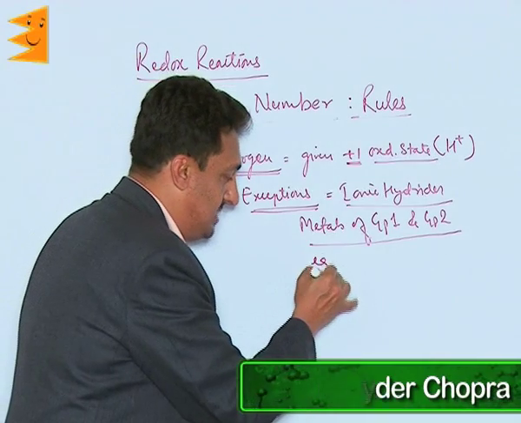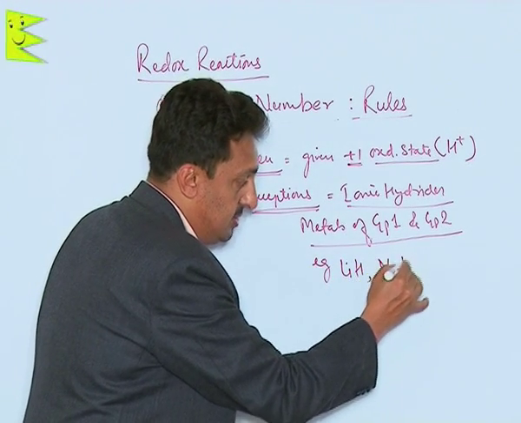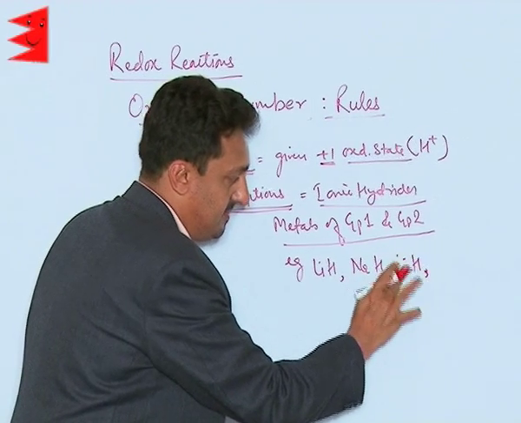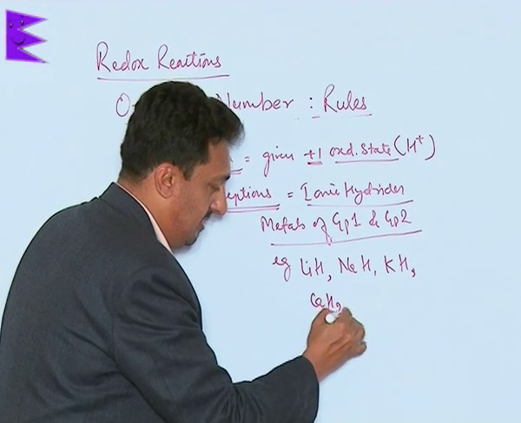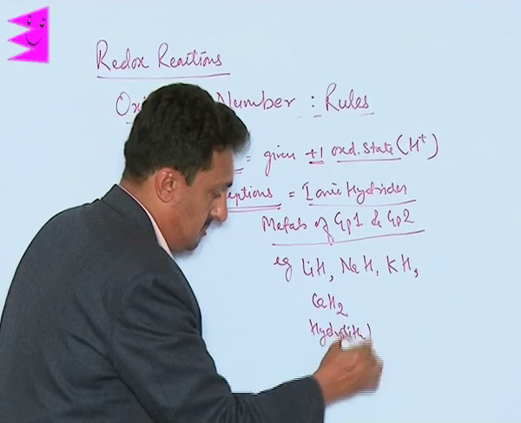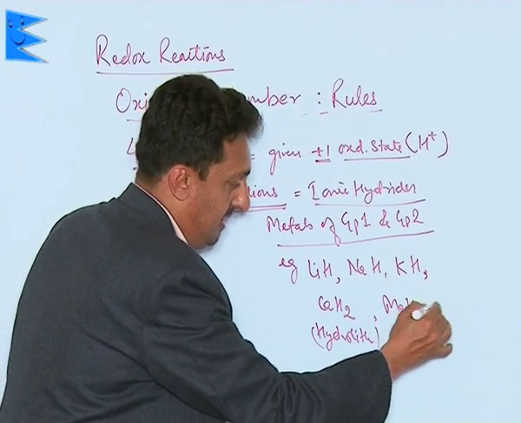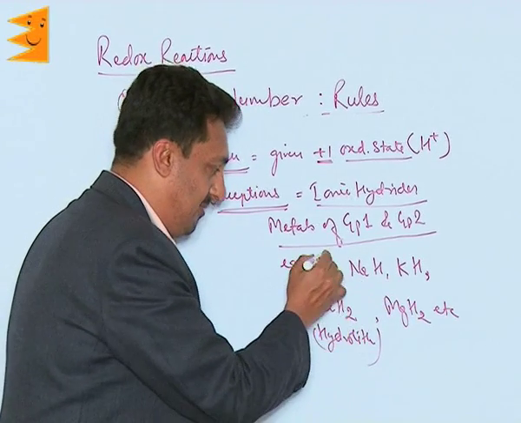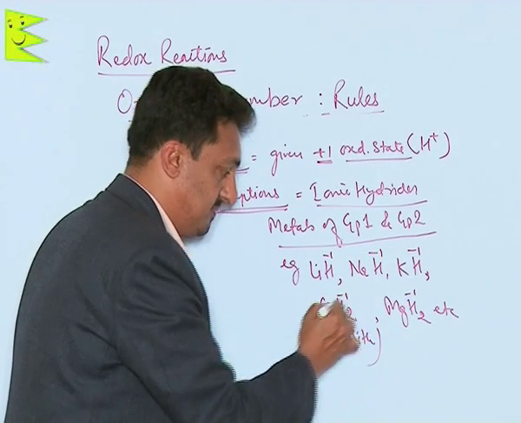We can take the example of lithium hydride, sodium hydride, potassium hydride, calcium hydride, which is also called hydrolith, magnesium hydride, etc. In all these examples, remember, hydrogen is present in the -1 state.